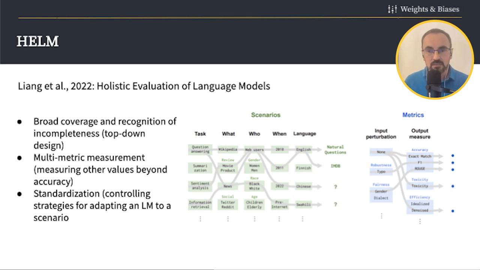So in the case of HELM, they definitely look at accuracy, but they also check the robustness, fairness, toxicity, and efficiency of these language models. And in order to evaluate language models fairly, there is a certain level of standardization being applied. For example, when you use a language model in a particular scenario, you need to adapt it in a specific way. And the team puts a special effort into doing this consistently across language models.